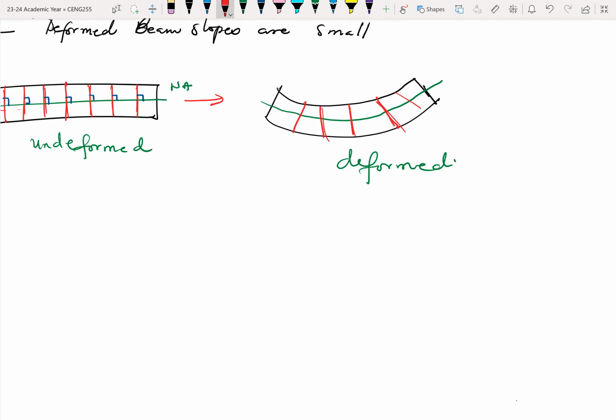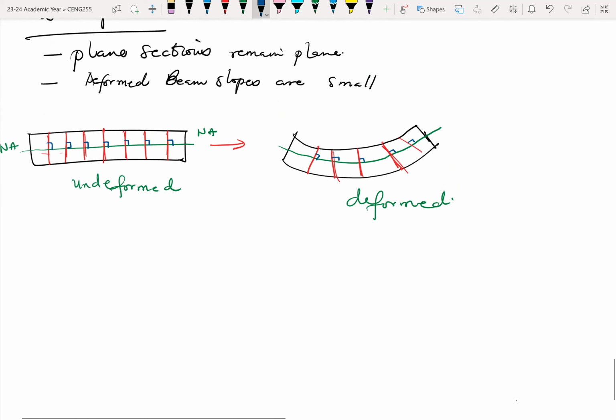But with respect to Bernoulli, he's assuming that regardless of what happens, at every point the section should make an angle of 90 degrees with respect to the neutral axis. So that the neutral axis does not change. It doesn't contract, it doesn't expand. That's what he means by plane sections remain plane, regardless of whether there's deformation or not.